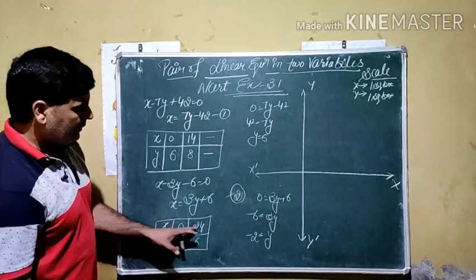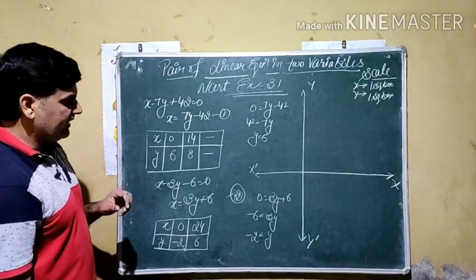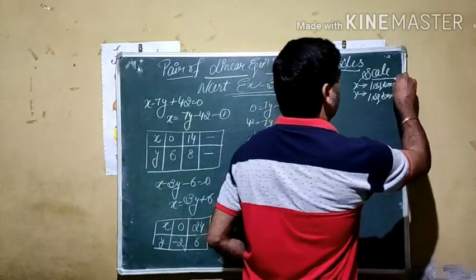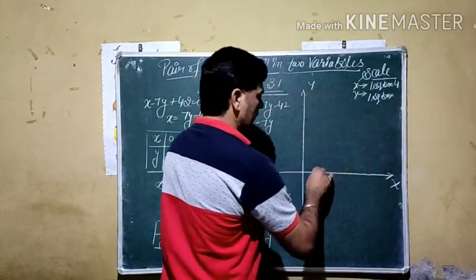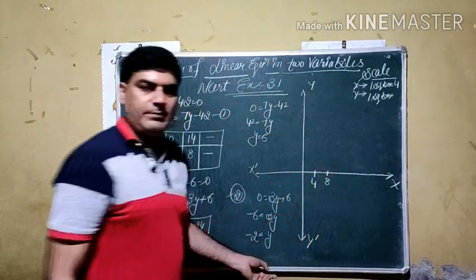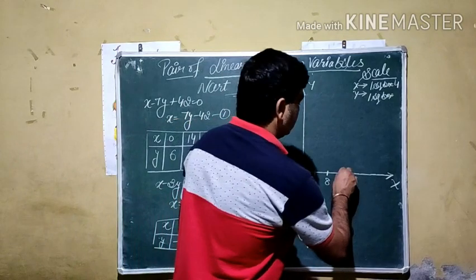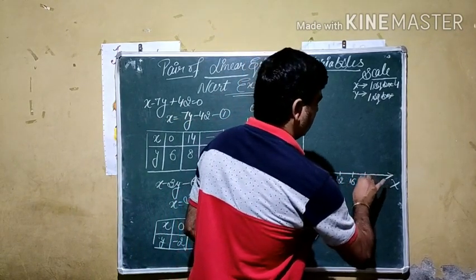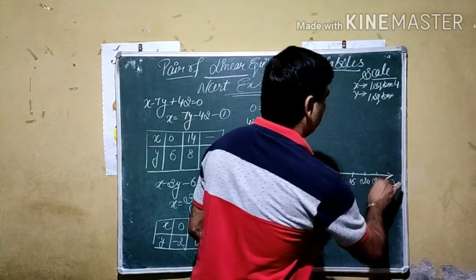We can represent them easily in the table of 2, otherwise the table of 4. We are taking the table of 4. So on the x-axis, one scale box is taken as 4: 4, 8, we are just taking approximate values because we do not have the scale, 12, 16, 20, 24.